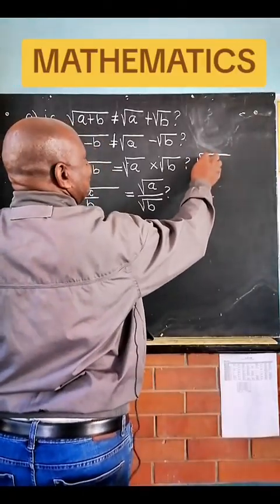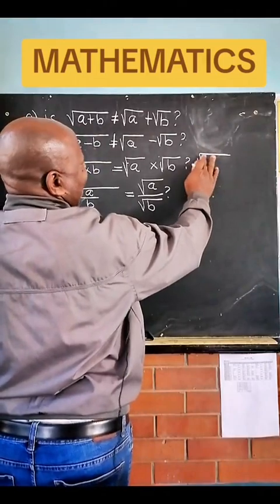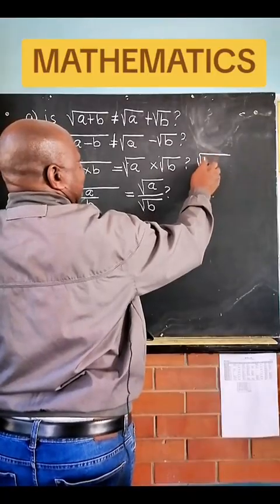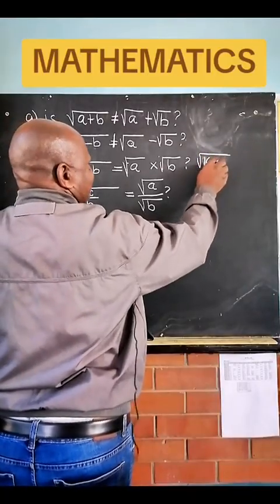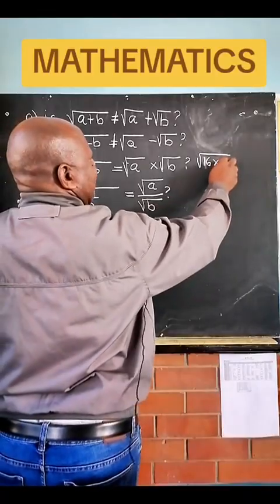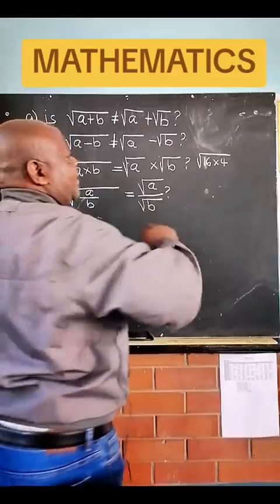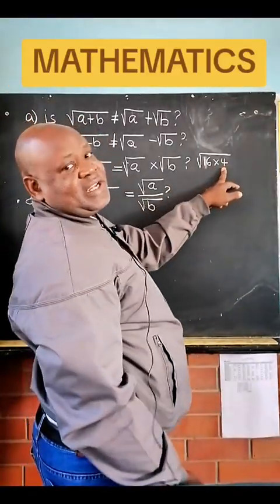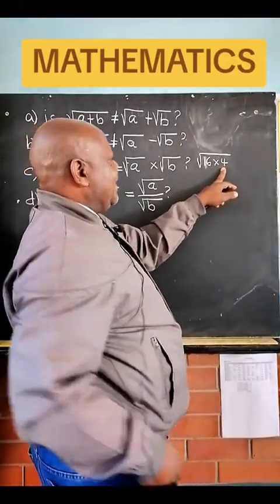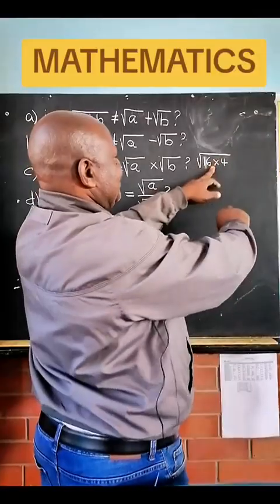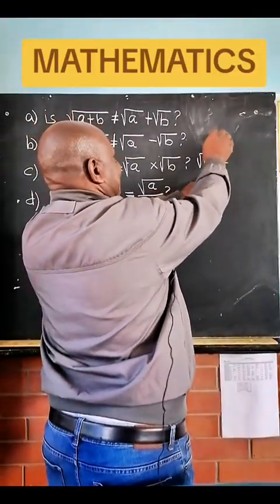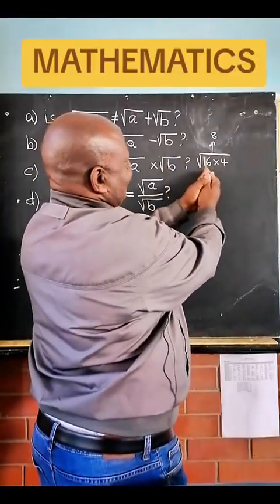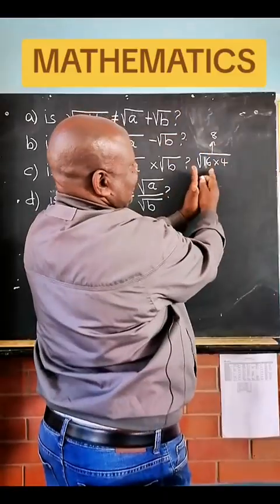Let me choose the square root of, let's say, 16 times 4. I know that 16 multiplied by 4 is 64, and the square root of 64 is 8. Right. 16 times 4 is 64. Its square root is 8. This is the correct thing.